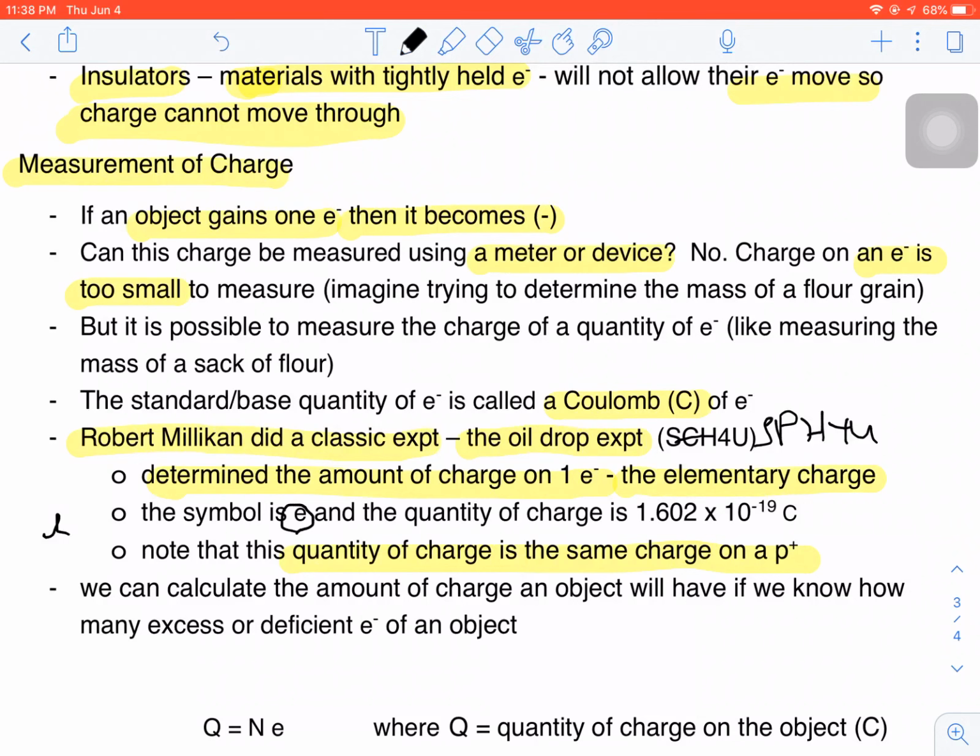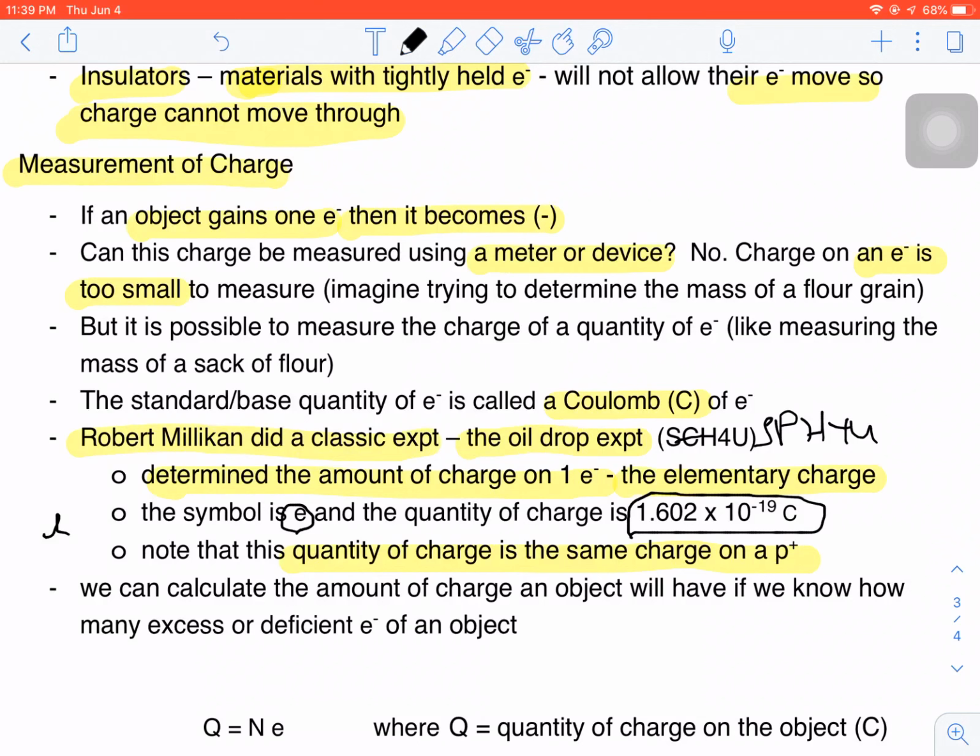So the symbol is little e, and the number that is the charge on an electron, as determined by Robert Millikan in his oil drop experiment, is 1.602 times 10 to the negative 19 coulombs. It was a pretty small number. Again, think about the mass of that grain of flour versus the 10 kg bag. It's pretty small. So it's the same thing here.